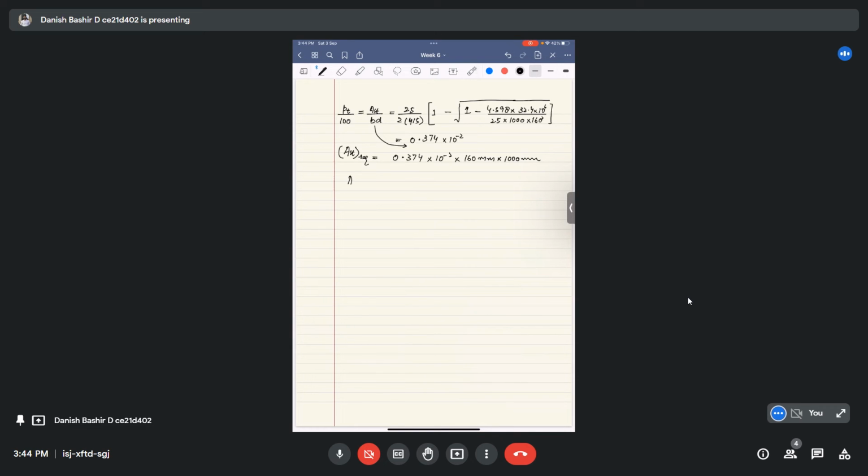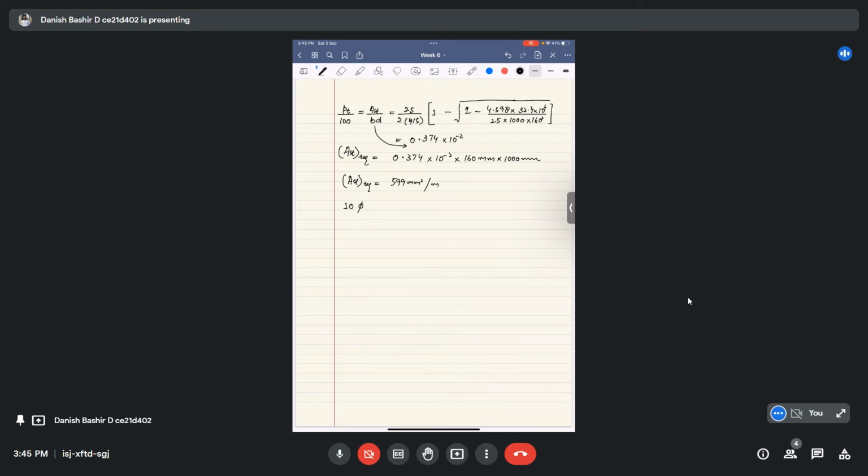When we calculate this, we will get Ast required as 599 mm square per meter. Remember the units of this, because we are doing every calculation per meter of the slab system. So from this we can calculate the spacing and the bar that we are choosing. Let's choose 10 mm diameter bars.